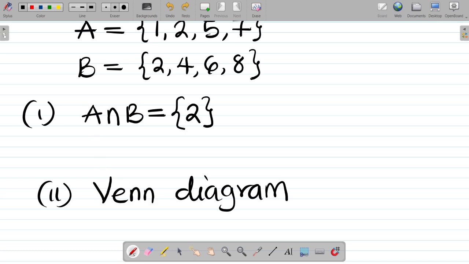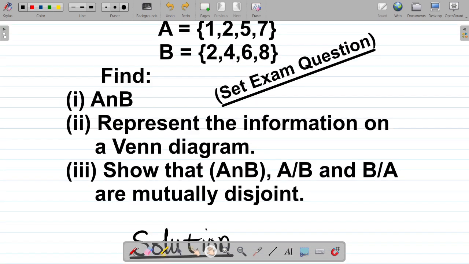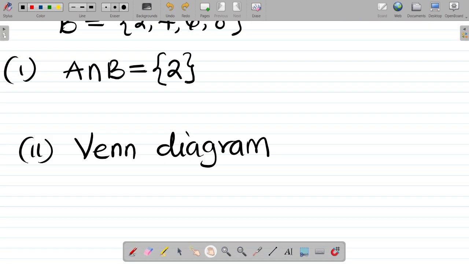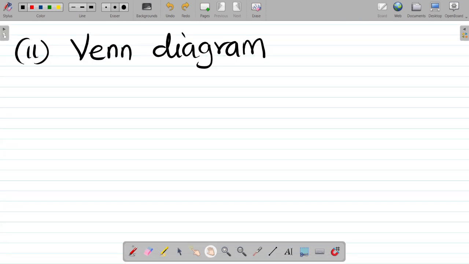For your Venn diagram, the first thing to observe is that aside from the universal set, I have just a set of 2 items, A and B. So we'll draw the model for a set of 2 items.